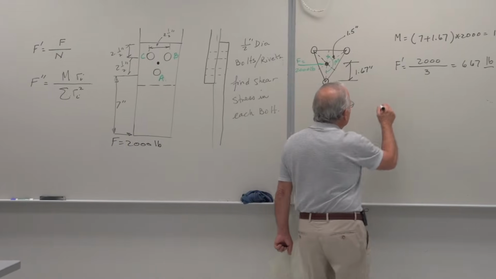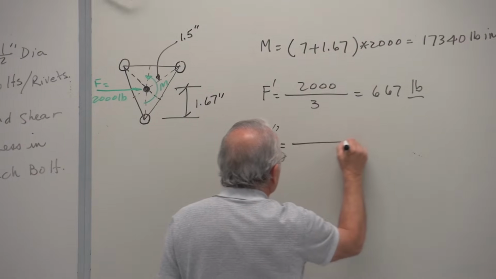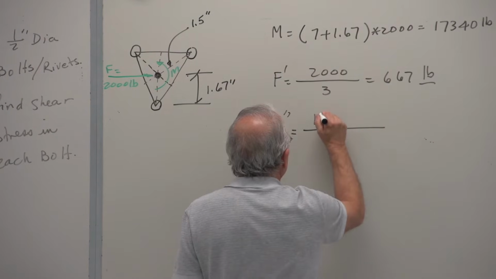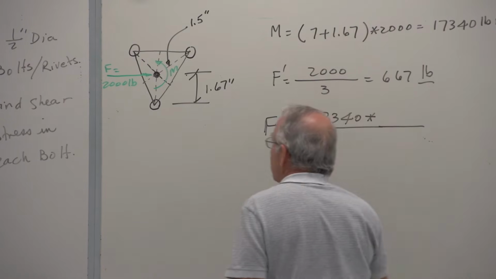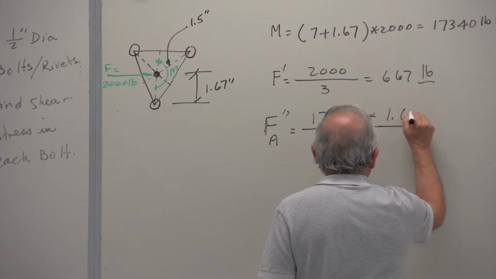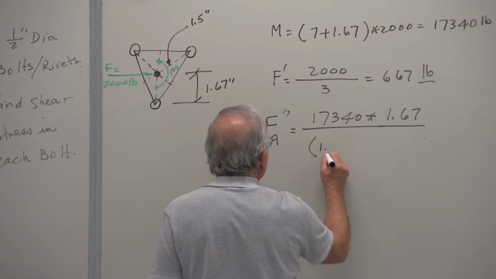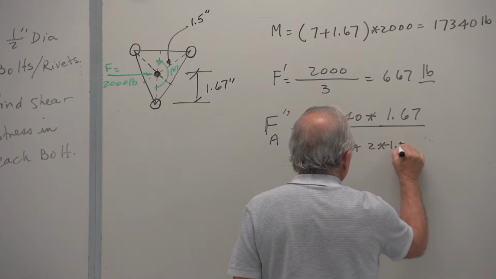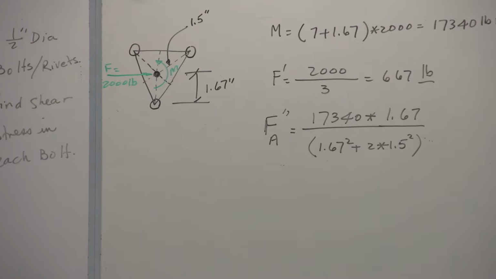So for bolt A, it's the moment, which is 17,340, multiplied by the distance from the centroid to the center of that bolt, 1.67, divided by the summation of Ri squared, 1.67 squared plus 2 times 1.5 squared. I guess I didn't need the parentheses after all.